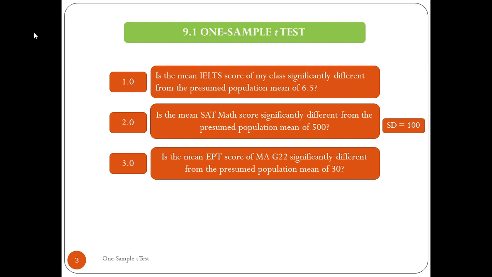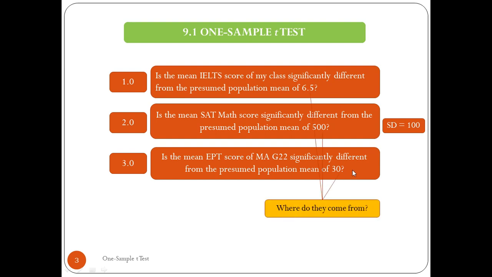So you can see in all research questions, there is a number like the IELTS score 6.5. This is the overall score. This is the population parameter 500, and this is the population mean of 30.